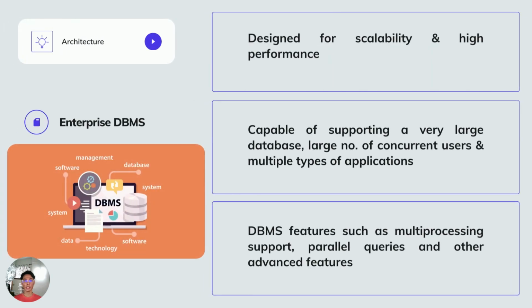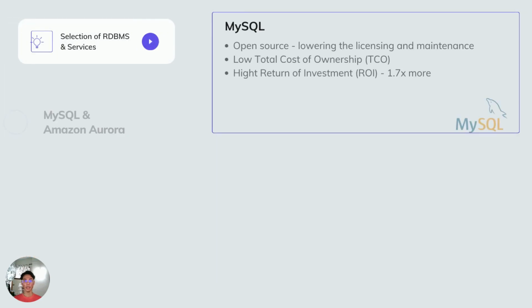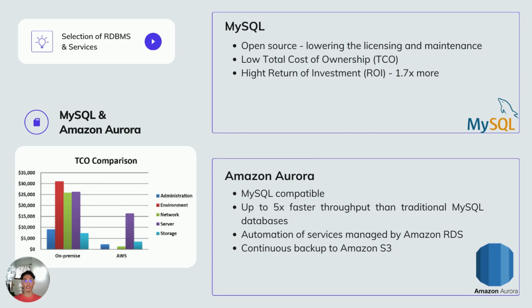Next is the architecture. We chose the enterprise DBMS for its scalability and high performance, and the support of a very large database and also multi-processing support. And next is the selection of RDBMS and services, which is MySQL and Amazon Aurora.